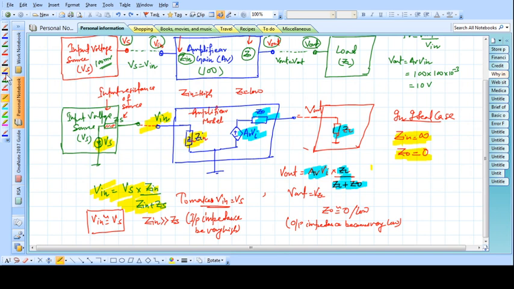This is sometimes also called the loading effect. So this is all about the simple description of why input impedance is high and output impedance is low.